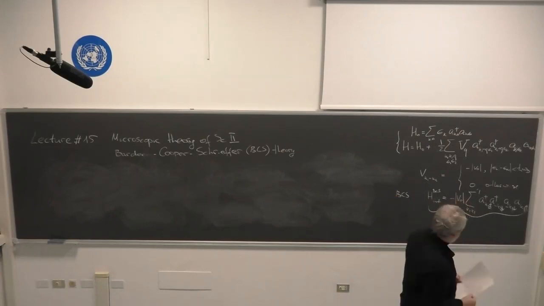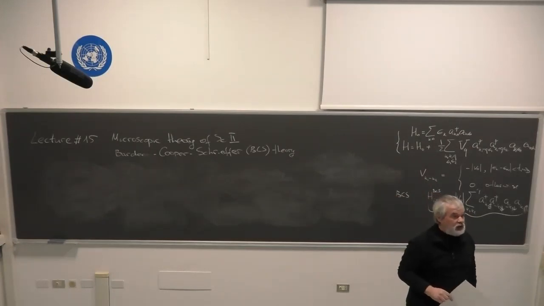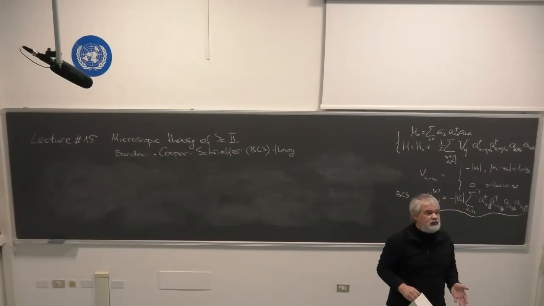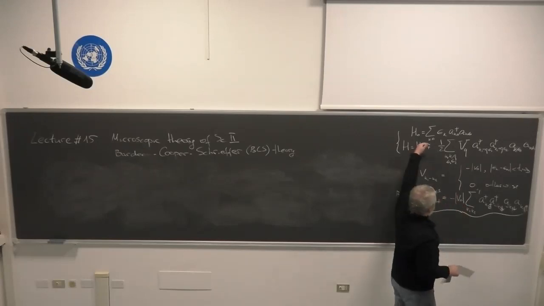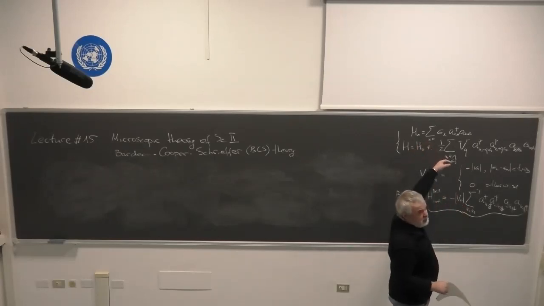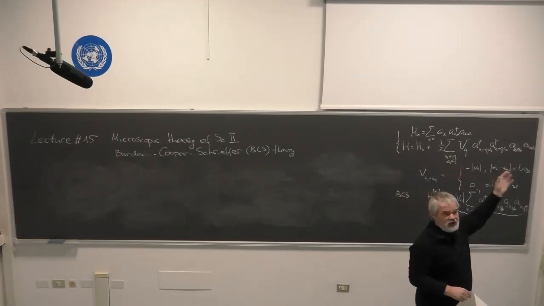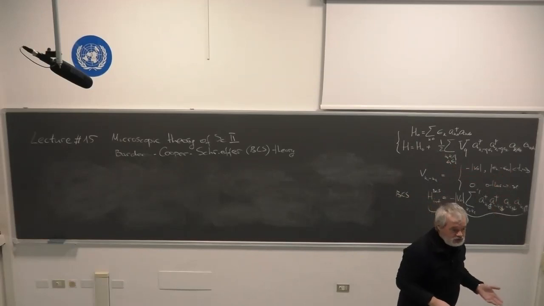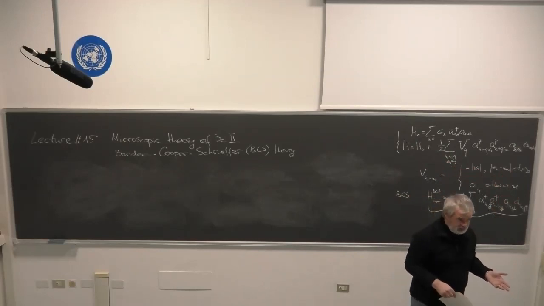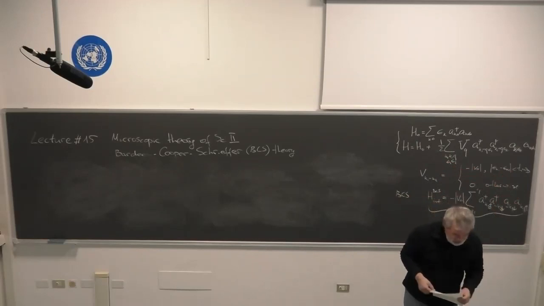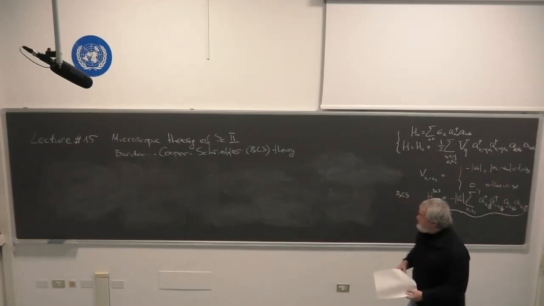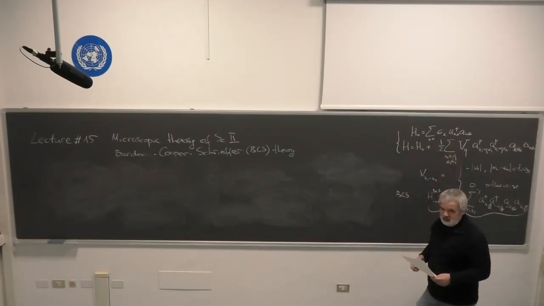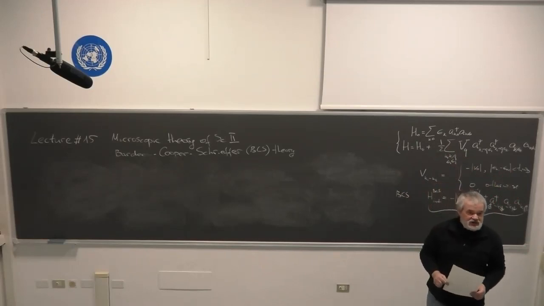I introduce new quasi-particles for which I would like to write the new Hamiltonian just in the form of H naught, with some new dispersion, new energy spectrum, and new quasi-particles B, which of course should satisfy the same commutation relations as my old quasi-particles, in whose representation the Hamiltonian is not yet diagonal.